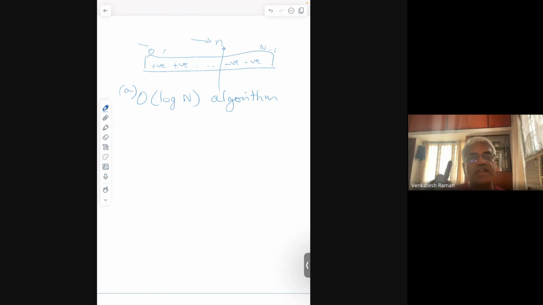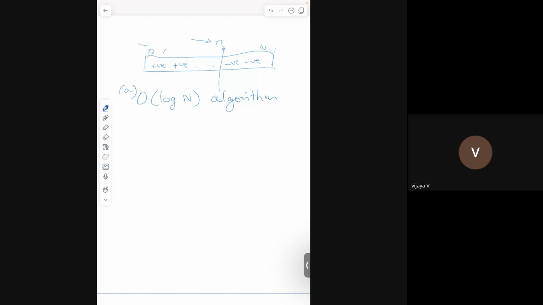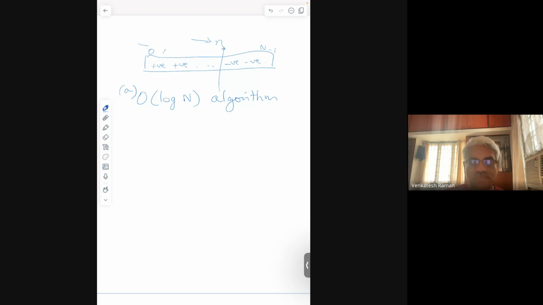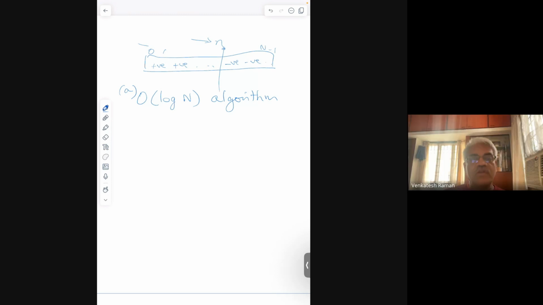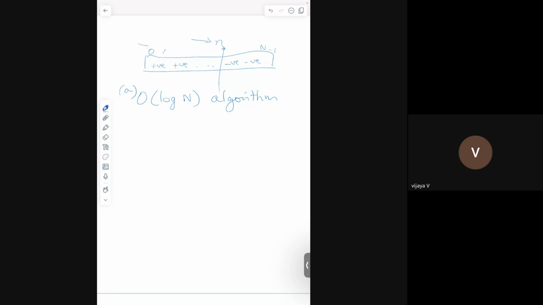Which n? Capital N or small n? Capital N. And check whether it is positive. If yes, do binary search in the second half of the array. Not binary search, I would say recurse on the second half, because we are doing something slightly different. Apply the same algorithm on the second half. If the answer is no, then do recursion in the first half.